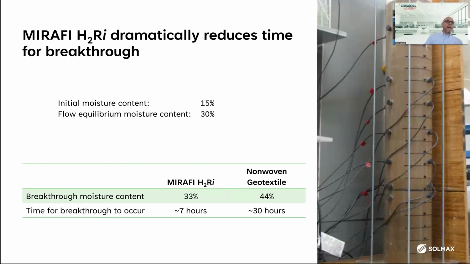So that is a way of helping to prevent issues in the field. If you have a product that has inherent moisture management built into it, you can help prevent these kinds of potential capillary barriers or capillary breaks from happening.